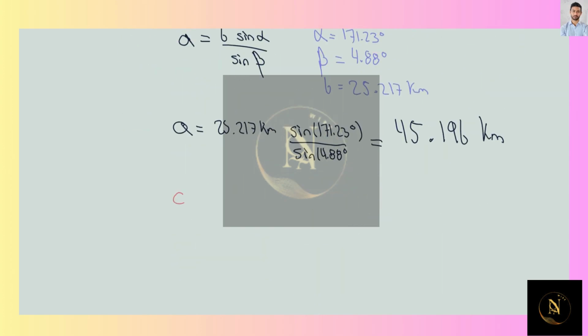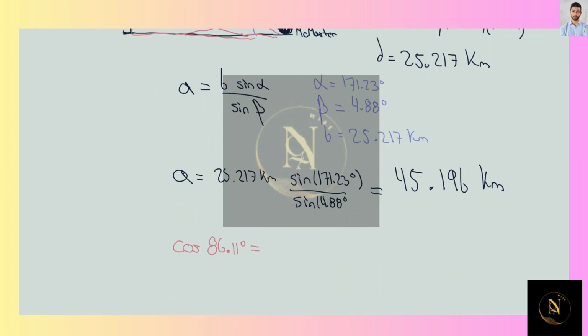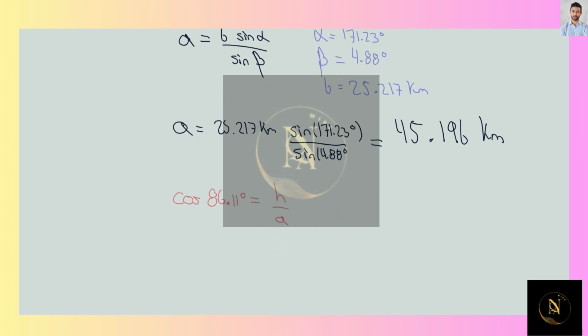In this case, from our drawing, cosine of 86.11 degrees is equal to the adjacent side, which is h, divided by A. So if we want to know the value for h, it's going to be A times the cosine of 86.11 degrees. So h is equal to 3.066 kilometers.